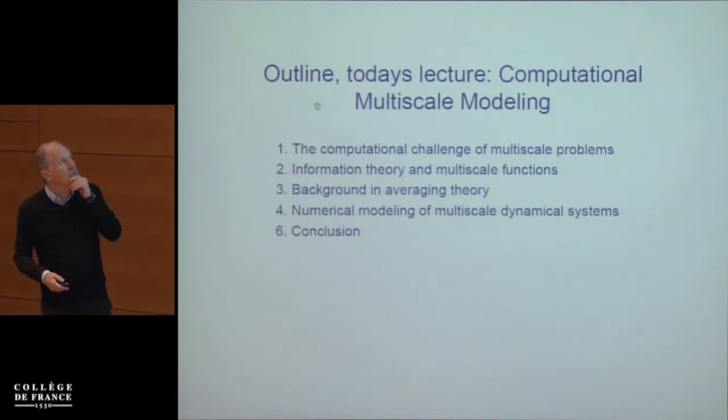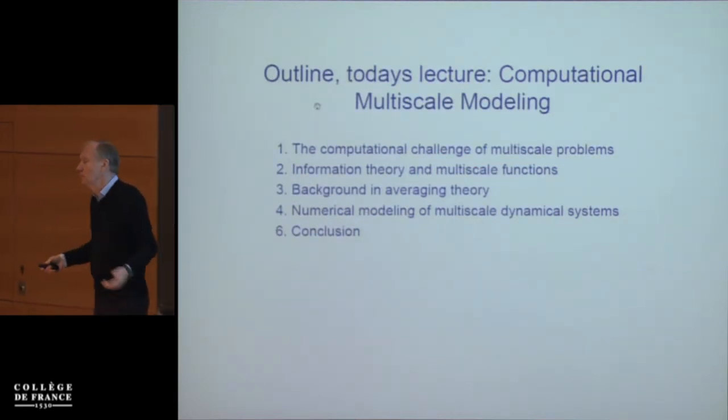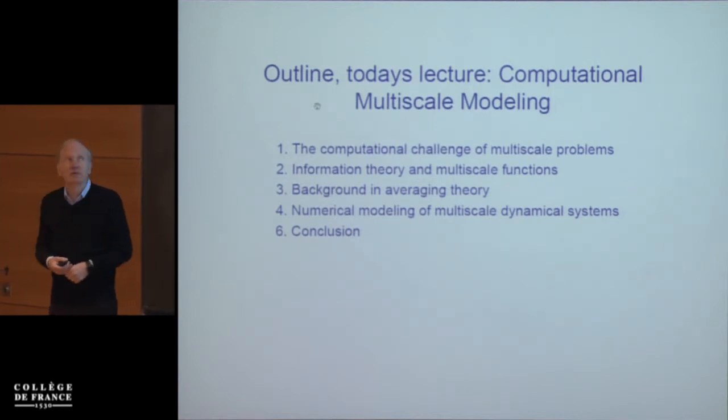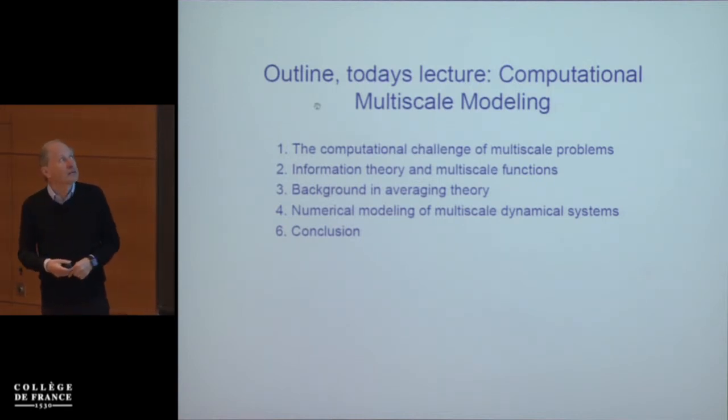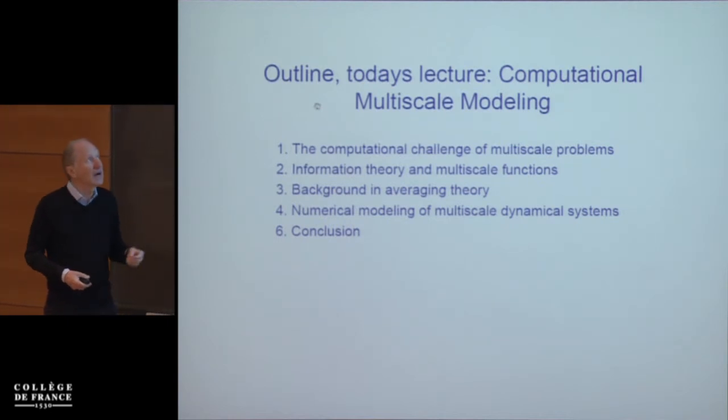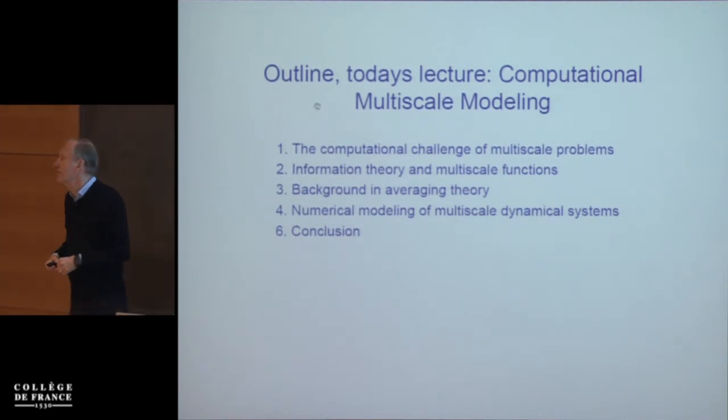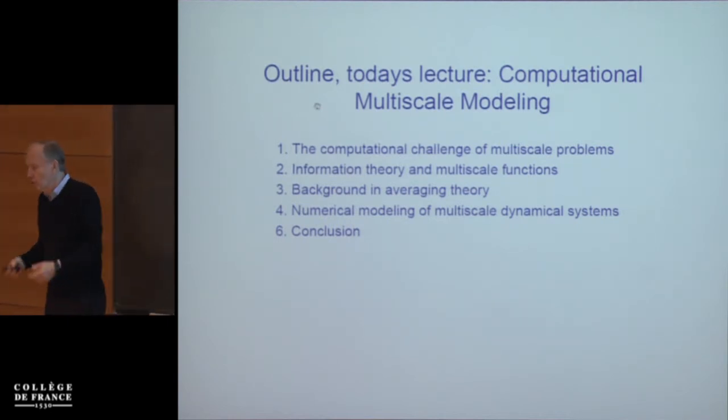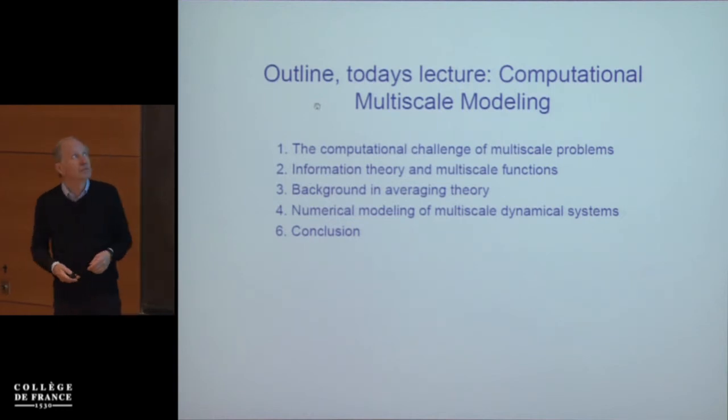So today we'll cover multiscale modeling in general. I'll take a brief introduction to the challenge that is there. And then we have two theories that guide us for this particular approach, which we'll come to mainly tomorrow.